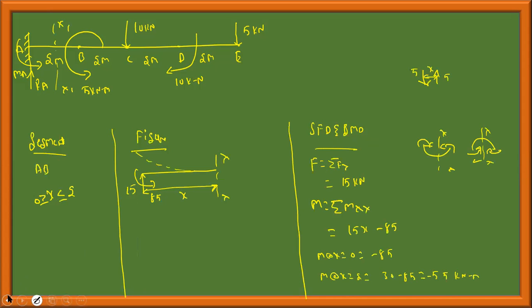What did we get? Please check it out. What is the moment we are getting? Minus 85, 15x minus 85. What is the value we are getting? Okay, minus 60 minus 85. Oh, so it's right. Minus 85 minus 85.